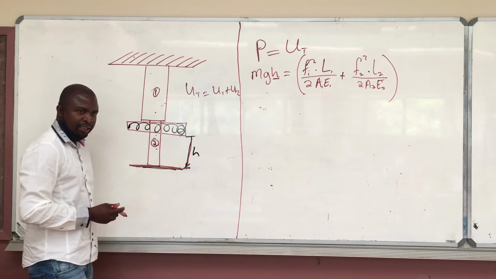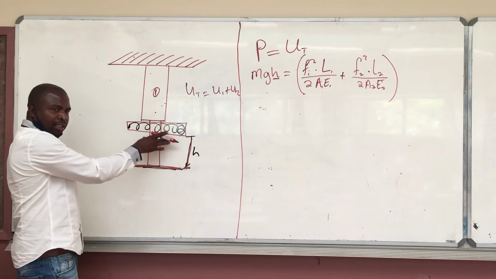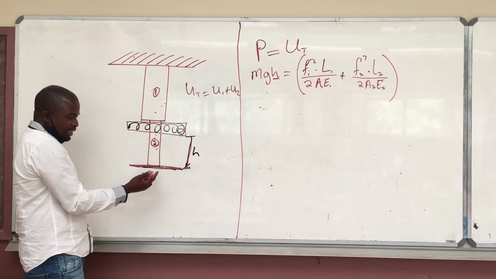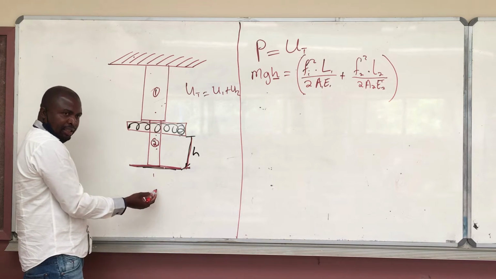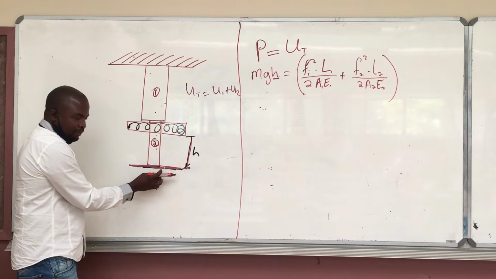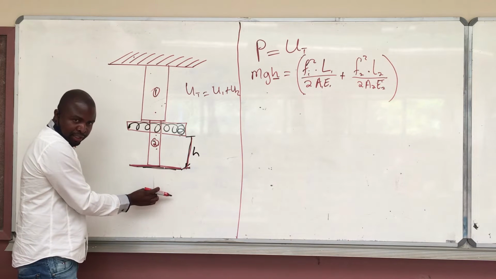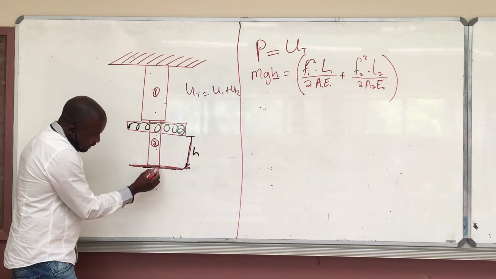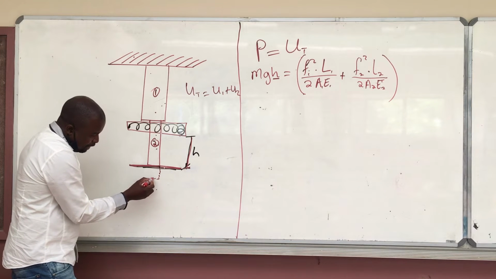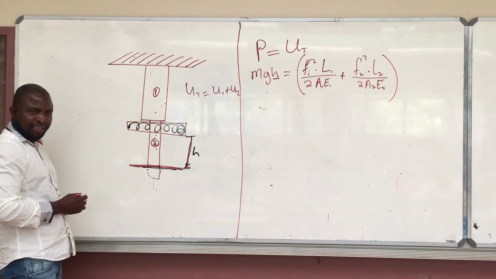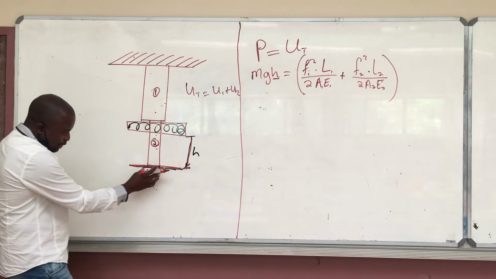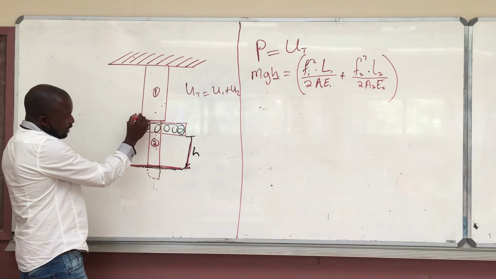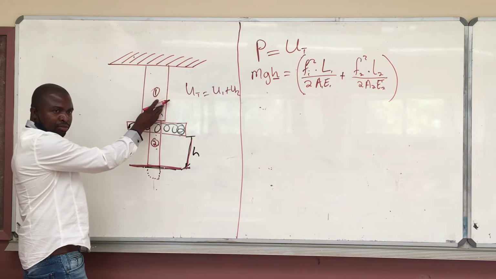The total height. Remember, when this weight falls down, it will exert a force here, meaning there will be a tensile force. As there is a tensile force, this rod will expand, and this other one is also expanded somehow.